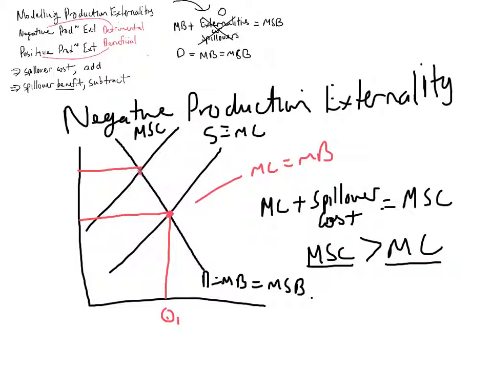Well, that's up here, isn't it? From society's perspective, we don't want Q1, we want Q2. In fact, what the analysis is saying is that we actually want less. And that's what you'd want where a situation involves negativity, isn't it? You want less of the negativity.